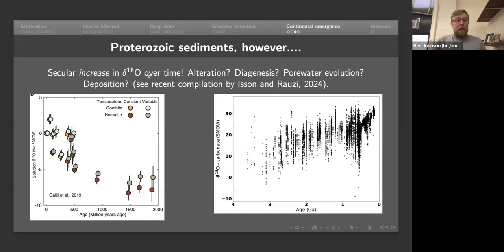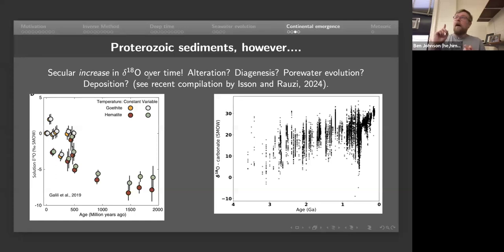And there's a recent compilation by Eiler and Rouxel that came out like a couple months ago. All the chemical sedimentary records, especially Proterozoic records, show, instead of our proposed decrease in delta-18O, an increase in delta-18O over time.